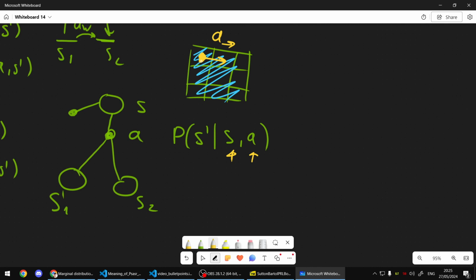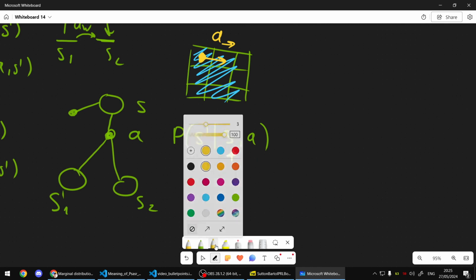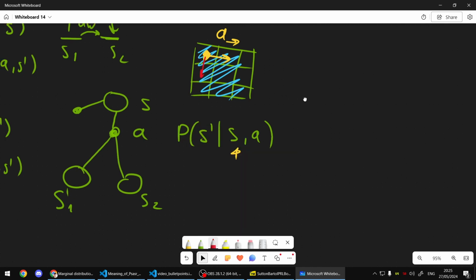If the ground is slippery, with small probability it will transition you to a neighbor tile which is not in the same direction.